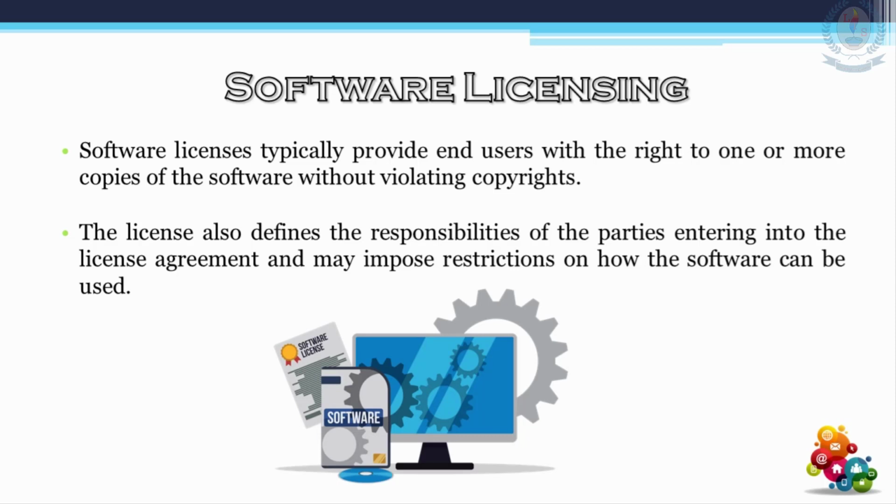The license also defines the responsibilities of the parties entering into the license agreement and may impose restrictions on how the software can be used. Software licensing terms and conditions usually include fair use of the software.